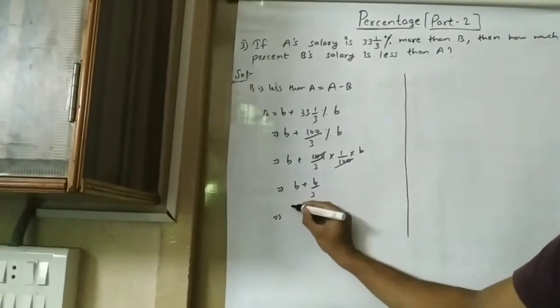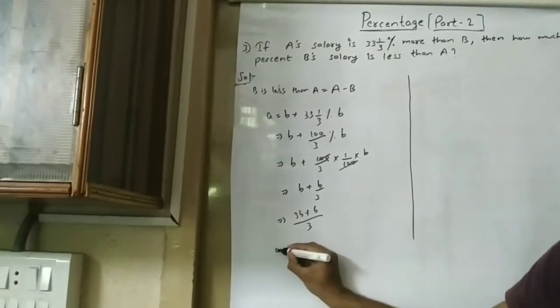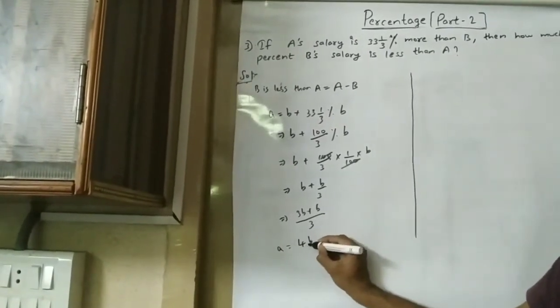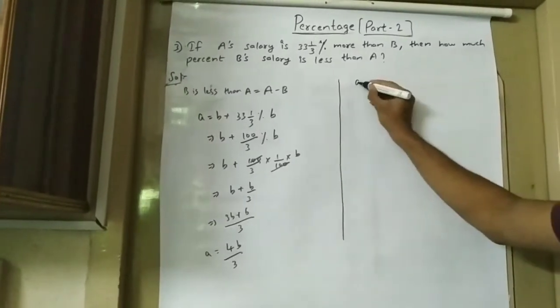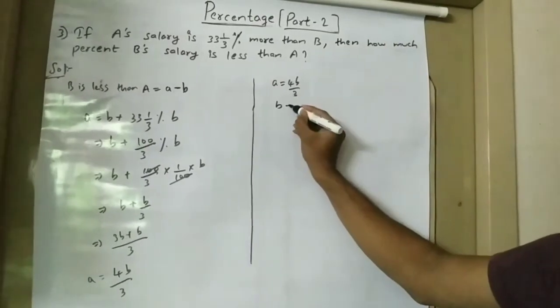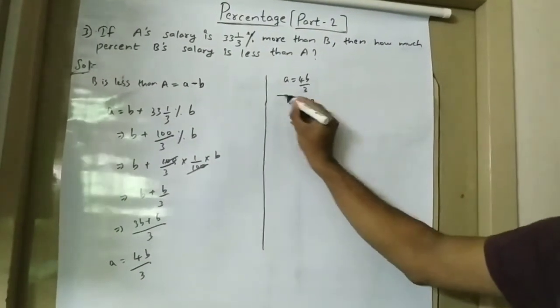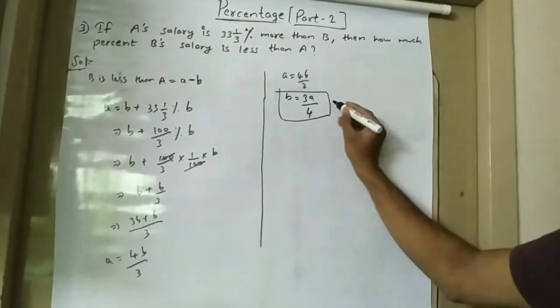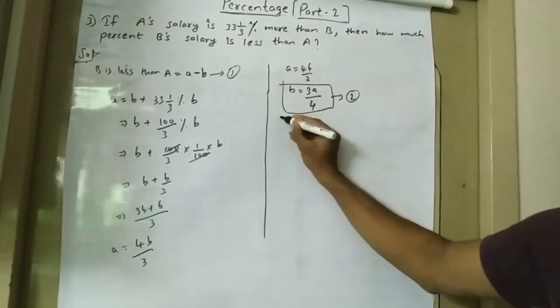That is equal to 3B plus B by 3. So A is equal to 4B by 3. So we got A is equal to 4B by 3, so B is equal to 3A by 4.